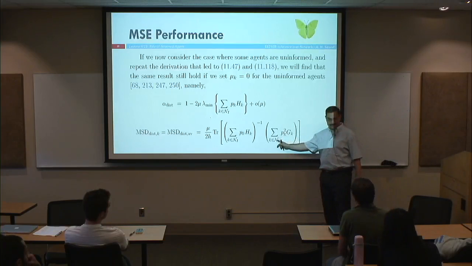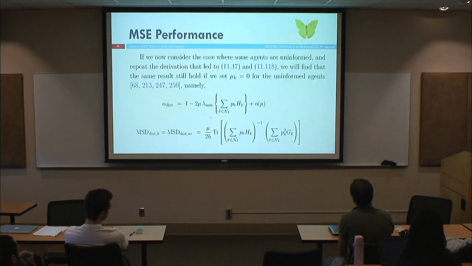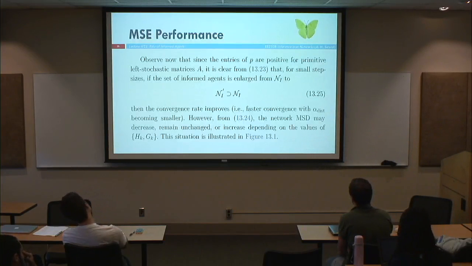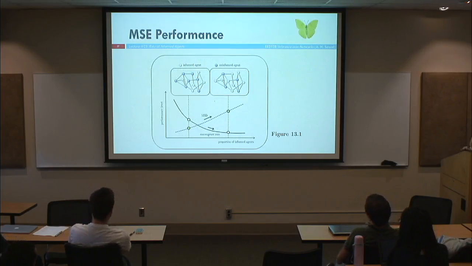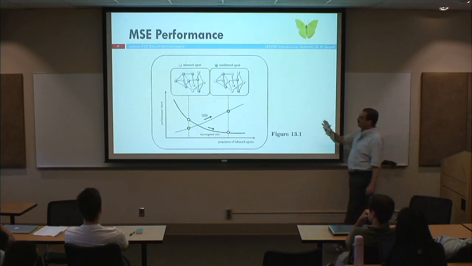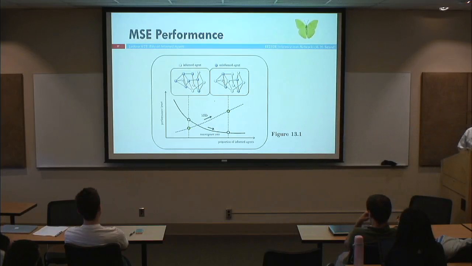Okay, let's do some examples here. So this is what I was saying. If I enlarge the set of informed agents, alpha will decrease. You saw that. So this is the kind of behavior I'm going to show you. On the left, the informed agents are in the light color.